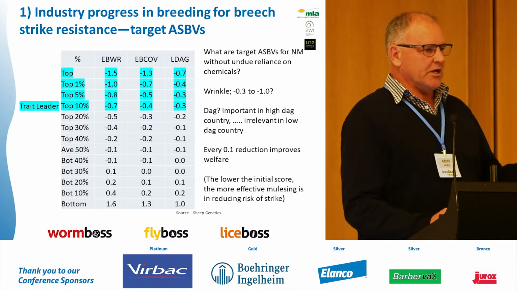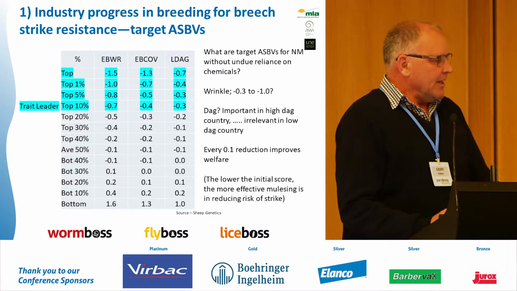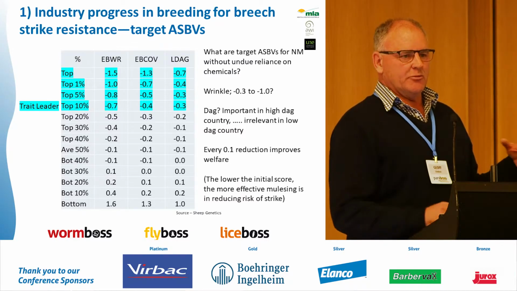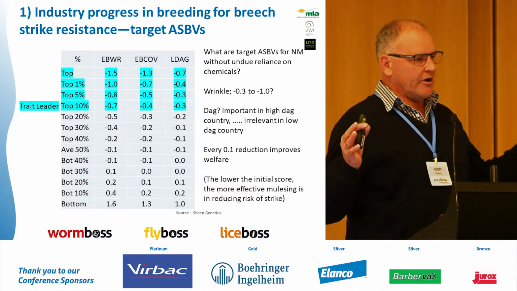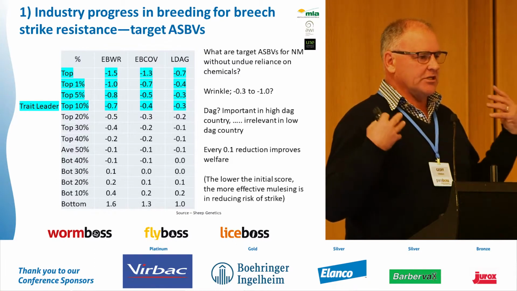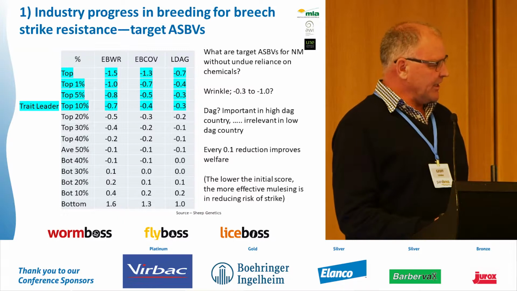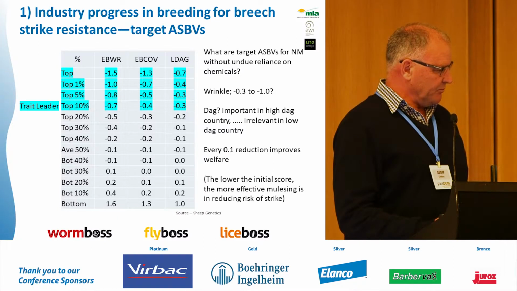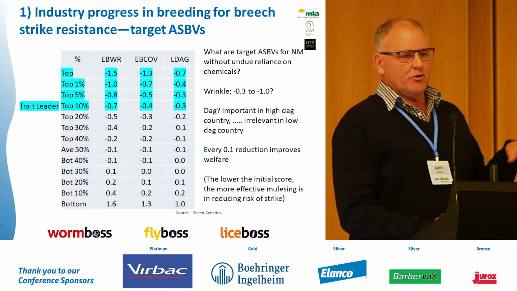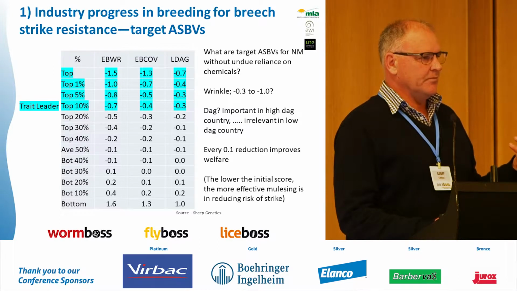So you really do need to understand your country, understand your sheep to know what sort of targets you're looking for. If you're in low dag country, which about half of Australia is, you don't have to worry about dag, and so it's largely irrelevant to you. Obviously the further south that you go, or into the high dag areas, then dag becomes important. But irrespective of whether you're mulesed or non-mulesed, every 0.1 reduction helps.